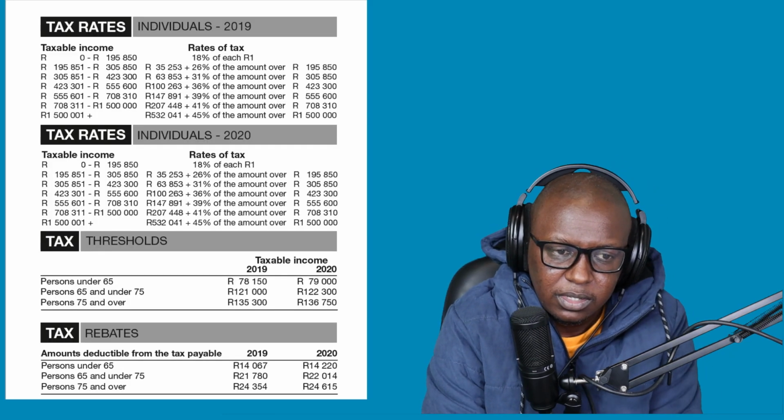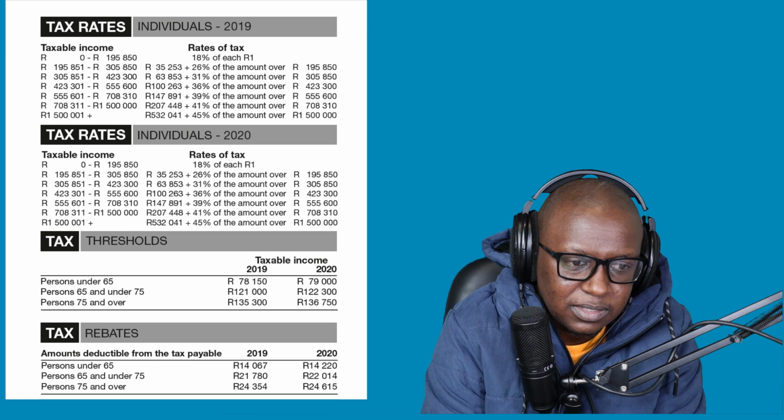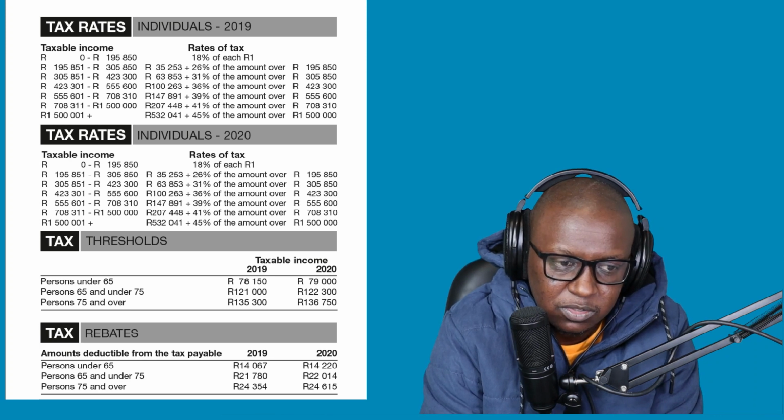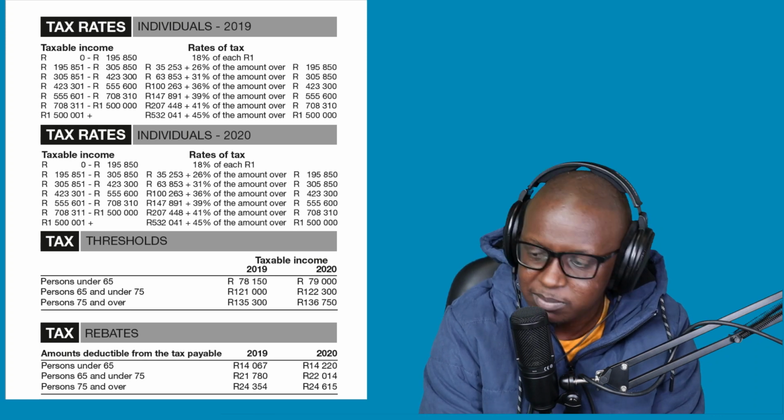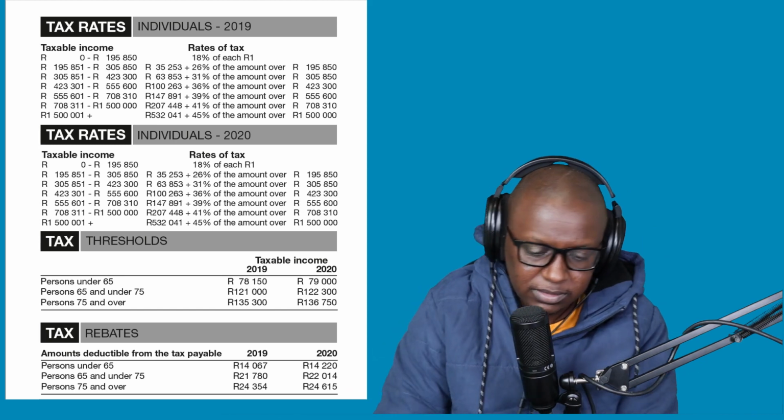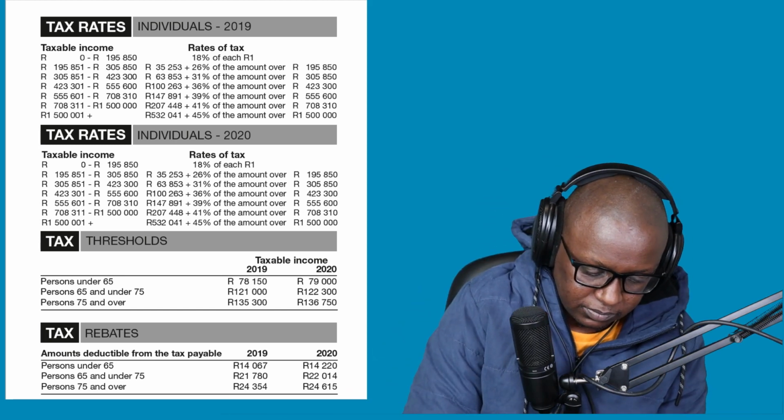If you look here, 80,000 is still within this bracket. So if you take 80,000 times 18%, let me work it out for you.